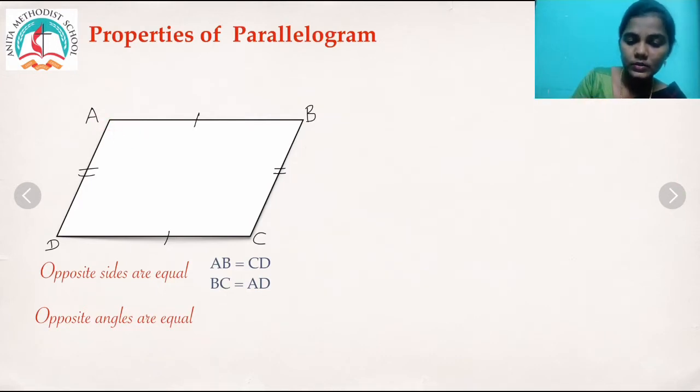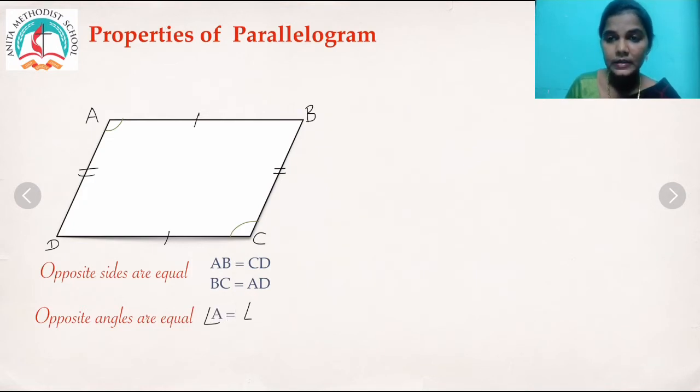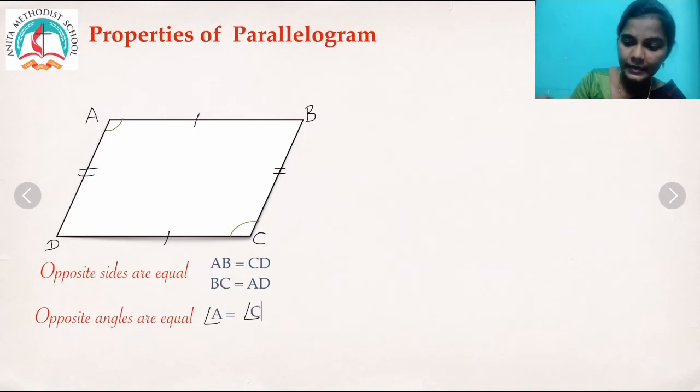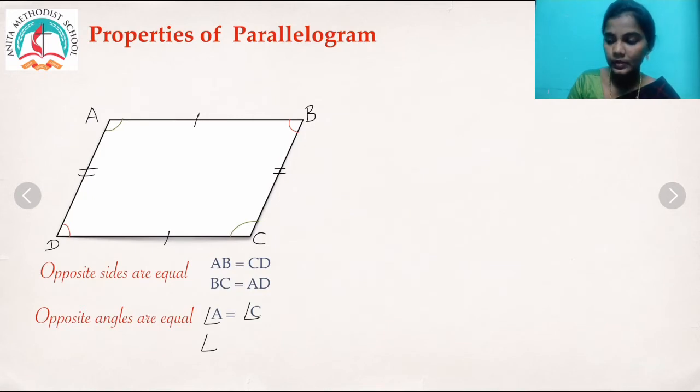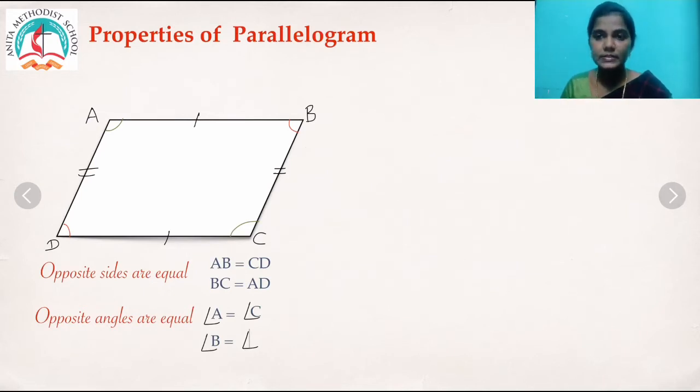Here angle A, the opposite angle is C. So angle A is equal to angle C. Similarly, this is the angle B. The opposite angle is angle D. So angle B is equal to angle D. This is my third property.